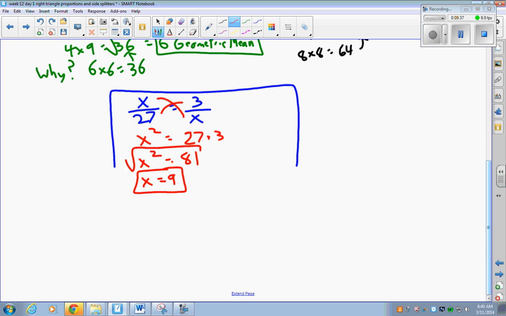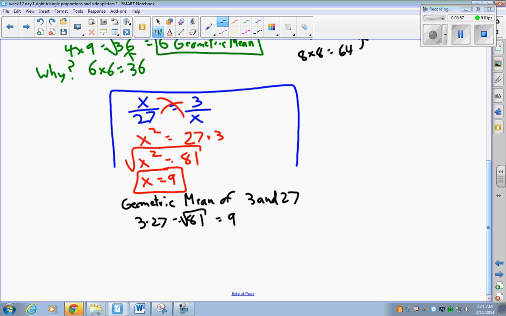So what this is rephrased is, you could have said this. What is the geometric mean of 3 and 27? Well, the way you would have done that is you would have gone 3 times 27 equals 81, and the square root of 81 is 9, and that's your geometric mean. Okay?